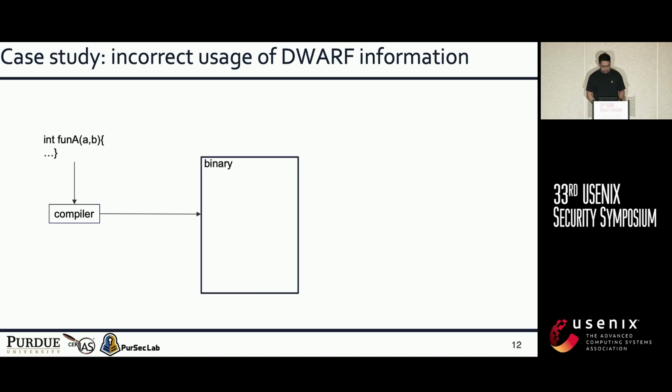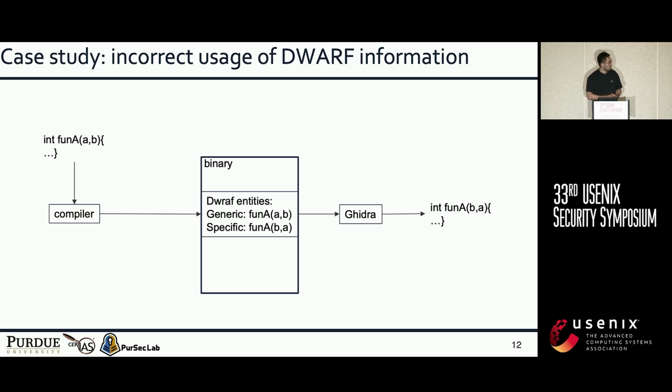Given a function, compilers sometimes make mistakes in storing the DWARF information. For example, here it stores 2 different entries in the DWARF, but with different argument order.